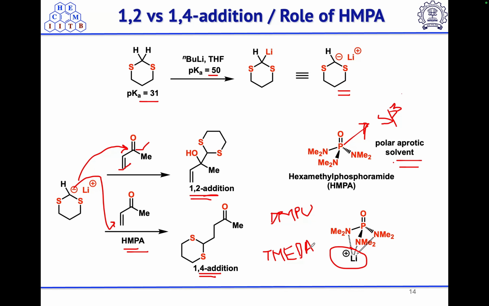Both DMPU, TMEDA or HMPA basically solvate the cation, lithium plus, and by solvating this lithium plus, they make the nucleophile stronger. That is the main idea for this type of case. So I guess you have a good idea about using HMPA in 1,4 addition chemistry.